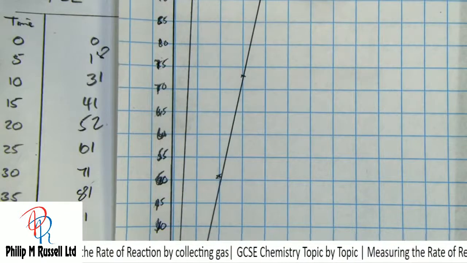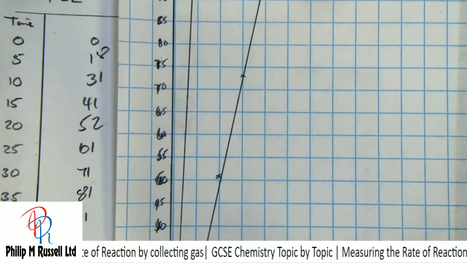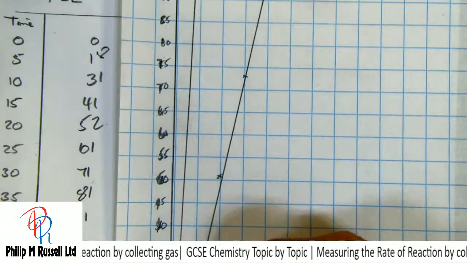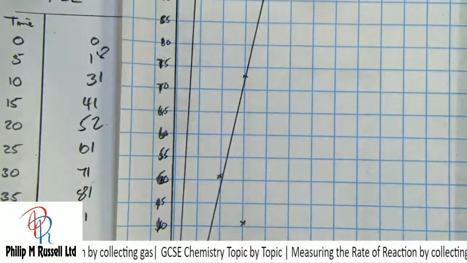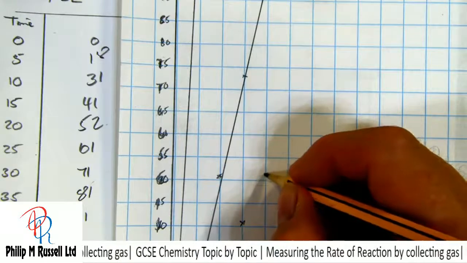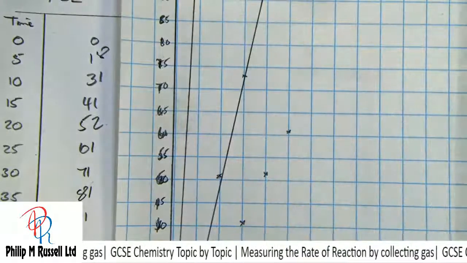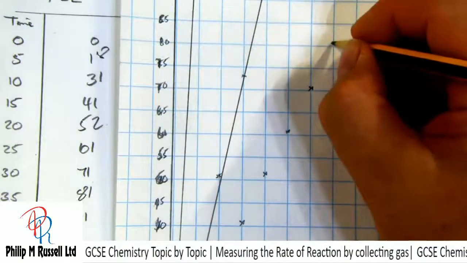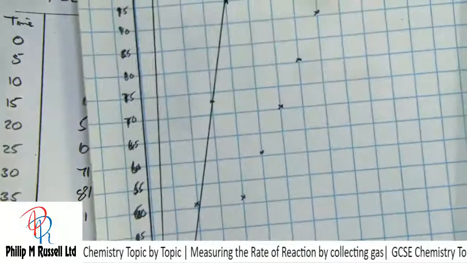So at 5 seconds we had 18, 10 seconds we got 31, 15 we got 41, at 20 seconds we got about 52, 25 seconds about 61, 71, 81, 91, and then bust.